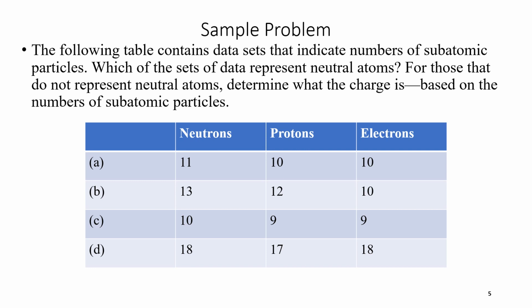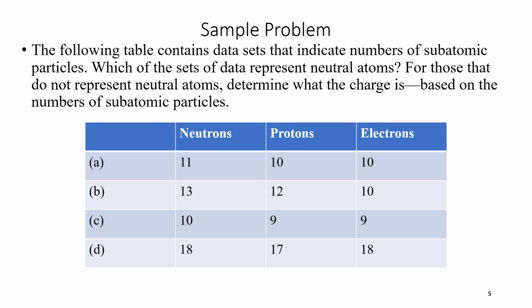For those that do not represent neutral atoms, let's determine what the charge is based on the number of subatomic particles. Well, we know that the neutrons don't really carry a charge. So we focus our attention to protons and electrons. The only time that we have a neutral atom is when protons equal electrons.